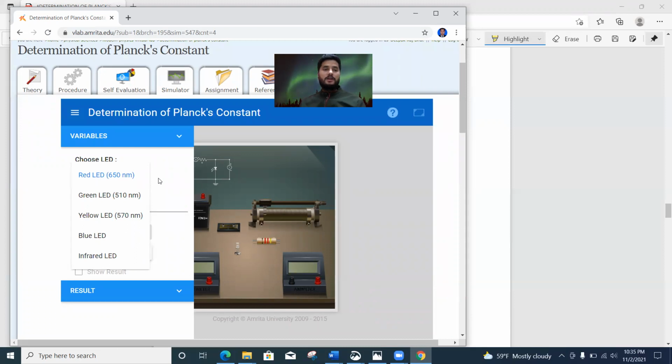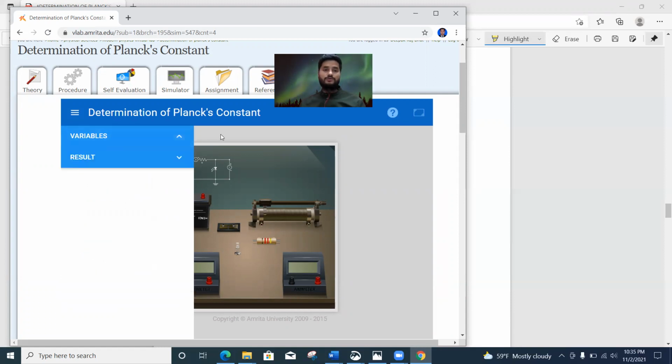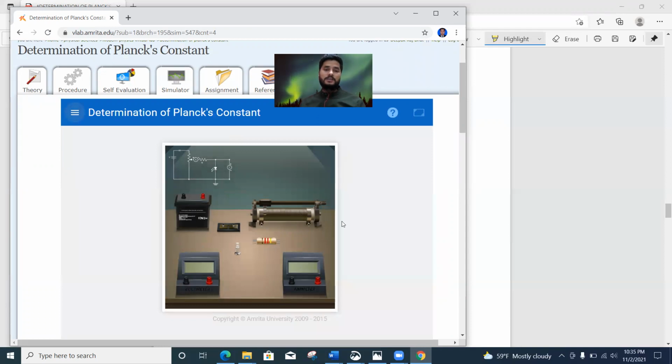After choosing these different diodes, before we choose the LED, first of all I'm going to complete the given circuit. First, I click here, and after clicking here we have the option we have seen in our virtual lab. So I connect this wire from here to here.